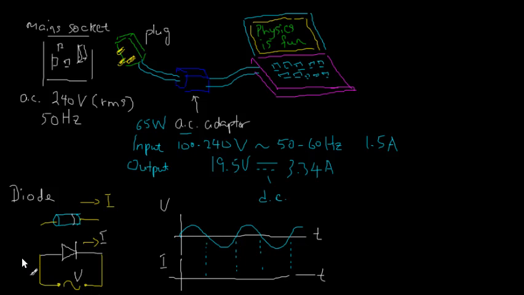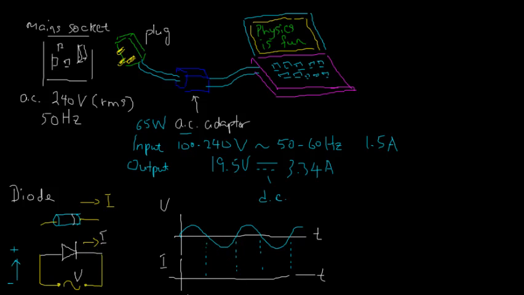What I'll do is draw an arrow here to say that if the current flows in this direction, I call it a positive direction. If the current flows the other way, I call it a minus direction. It's just a direction thing. So when the voltage is positive, it means that my positive pole is here and the current will flow this way. When it's negative, it means that the positive pole is on the other side and current will try to flow the other way, but it can't, of course.